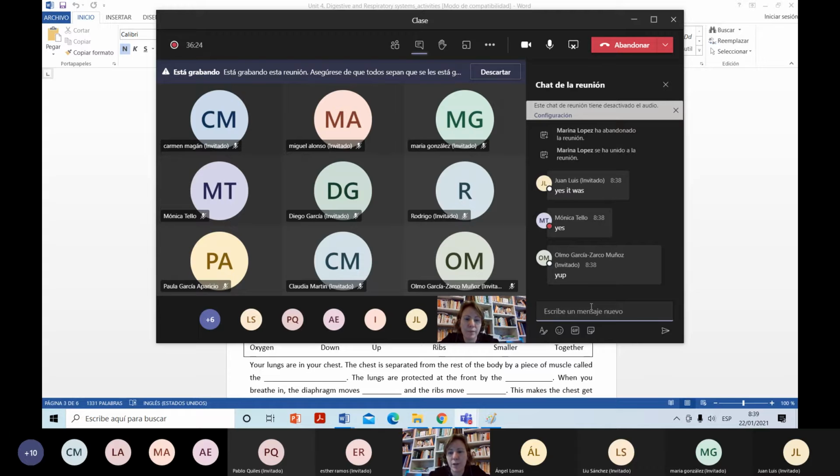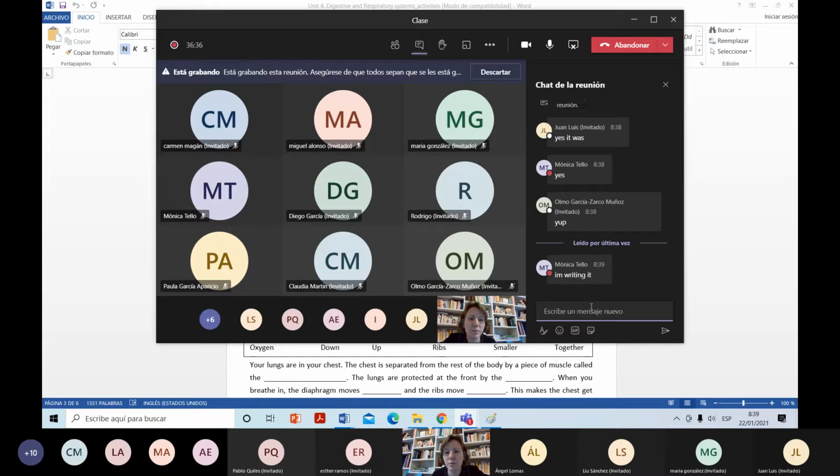Emission of the oxygen. Rodrigo, que estás por ahí, do you want to help, Mónica? What is the emission of this oxygen in your body? Why do we need to take this oxygen? Why is the respiratory system so important?